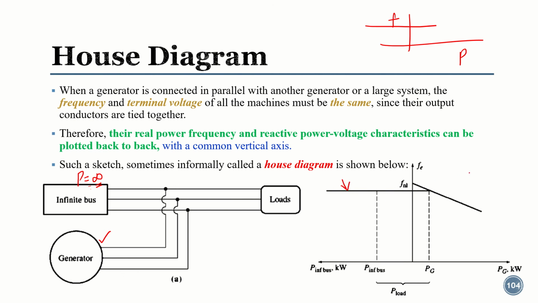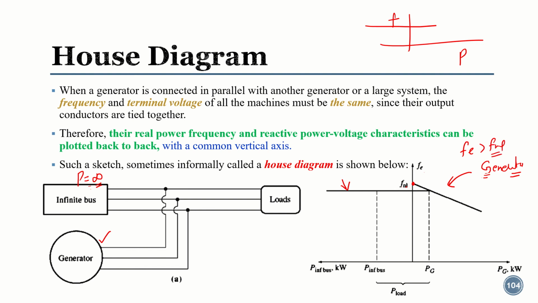Now you are attaching a new generator, sorry, not load, new generator characteristics. And if you notice here, this new generator's frequency is higher than the no load frequency of the system. You are attaching it at a higher frequency.